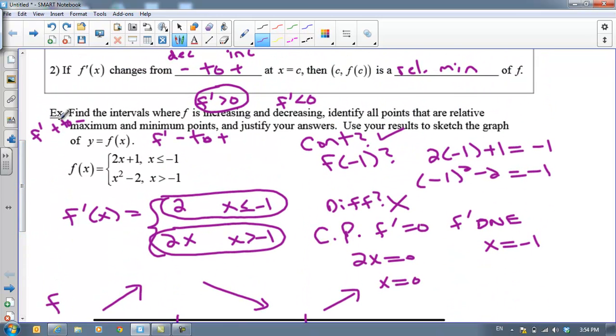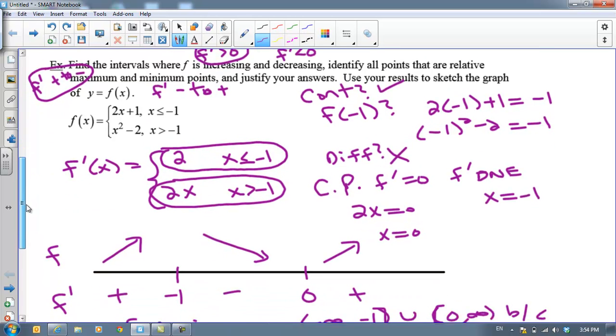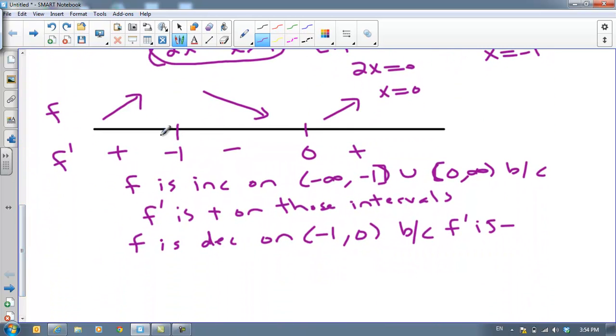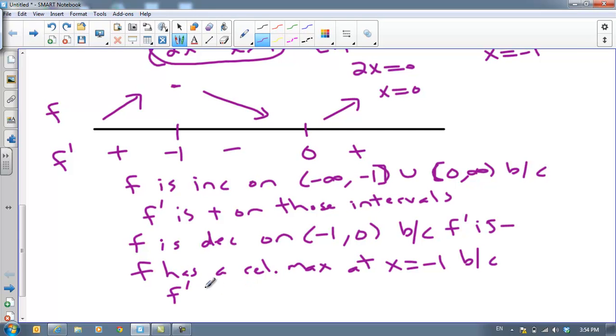Relative max occurs where f prime goes from positive to negative. Did that happen? Well, looky here. It happened right here, and you can even see that little maximum value. So f has a relative maximum at x equals negative 1. Why? Because f prime changed from positive to negative there.